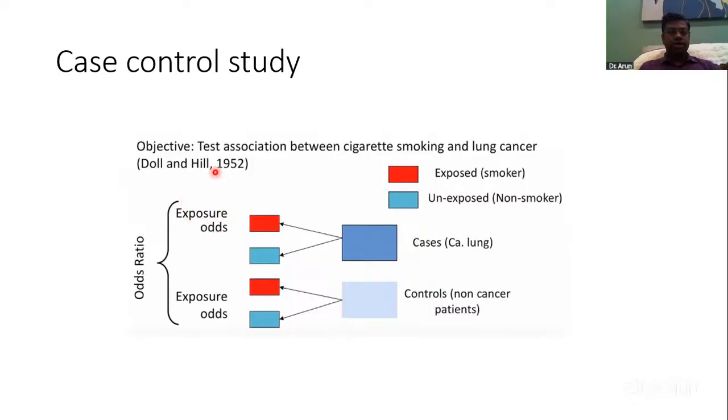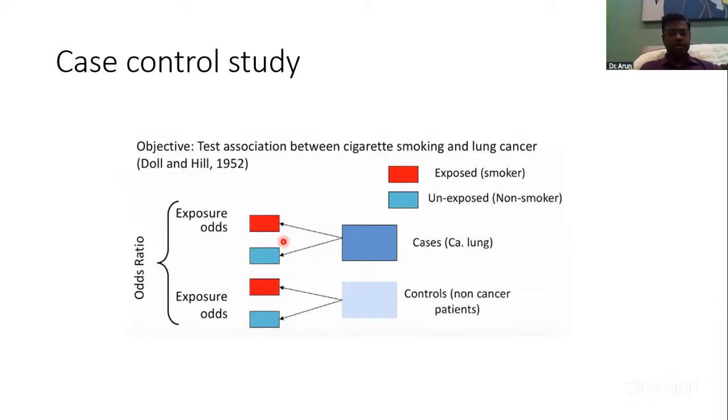The first case control study was actually done by Doll and Hill in 1952. They wanted to test the association between cigarette smoking and lung cancer. So by the time they started the study, patients had already developed lung cancer, and they took controls as non-cancer patients, and they used a detailed questionnaire.